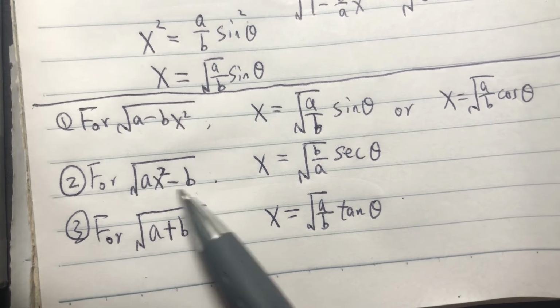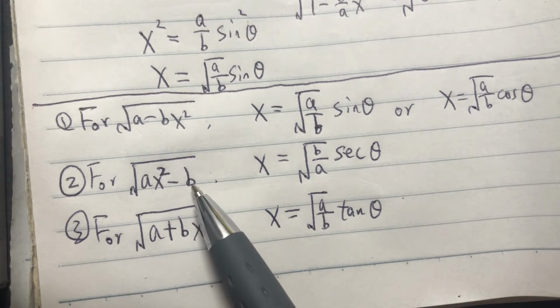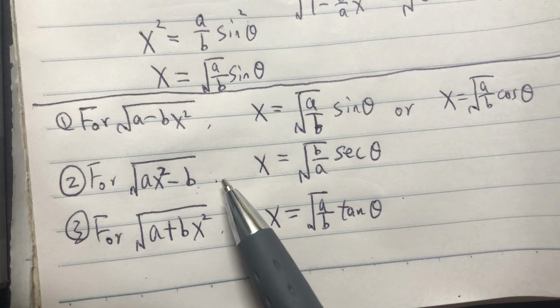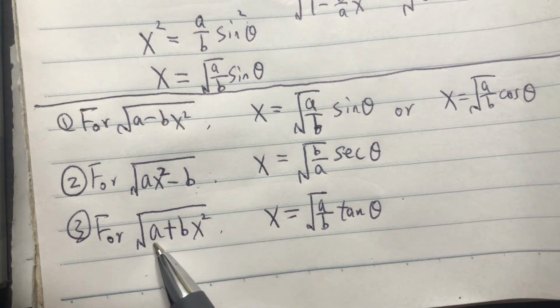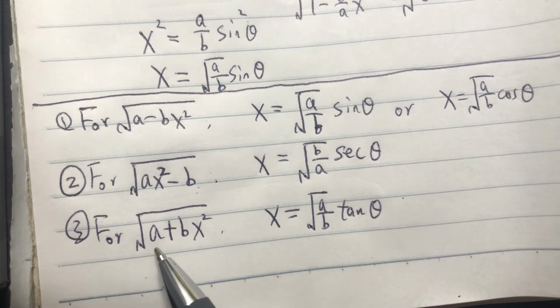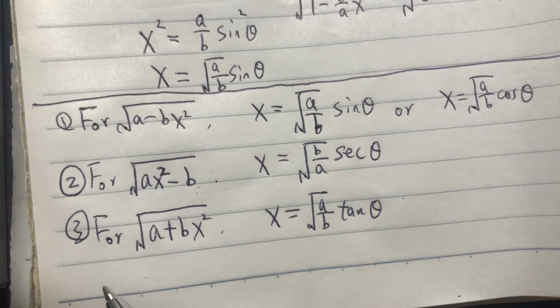Similarly, here b is a constant, so you can take a square root of b outside of the square root. Here, similarly, a is a constant, so you can take an a outside of the square root. Okay, let's move on. Let's look at some problems.